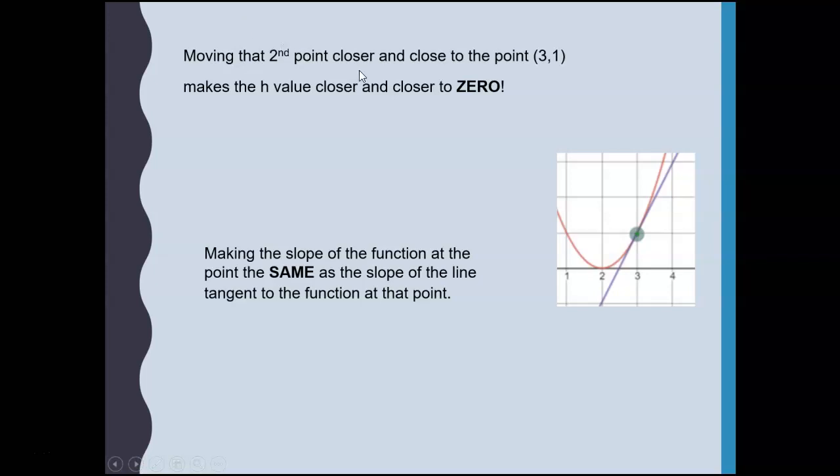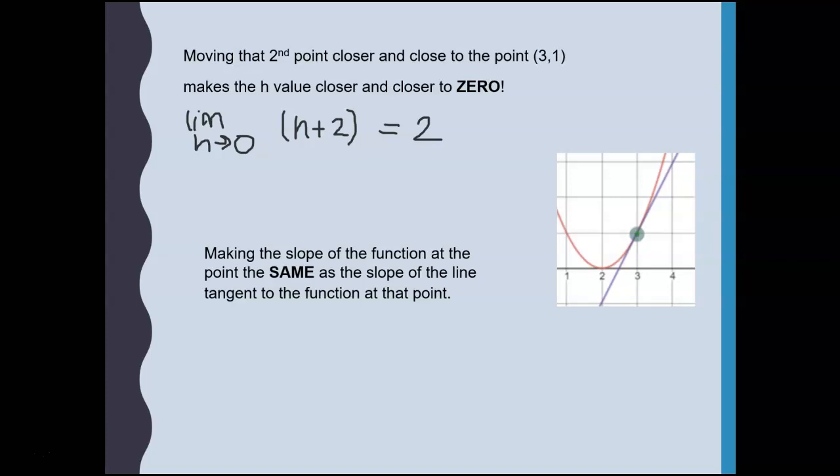So if I move that second point closer and closer and closer to the point 3, 1, that makes the h value closer and closer and closer to 0, which is really like saying the limit as h approaches 0 of h plus 2, which is like saying the slope of the tangent or the secant at 3, 1 is estimated to be 2.